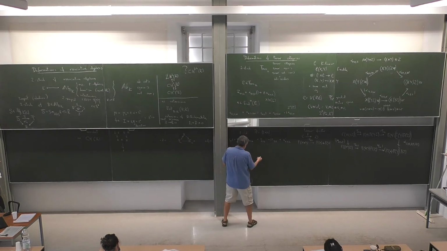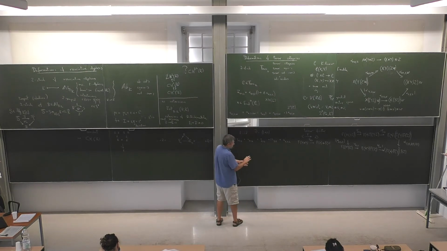So that's what I call deformation complex of a category, and what is responsible for deforming categories and sort of functors between them. So there are three terms. Number one, number two, and number three.